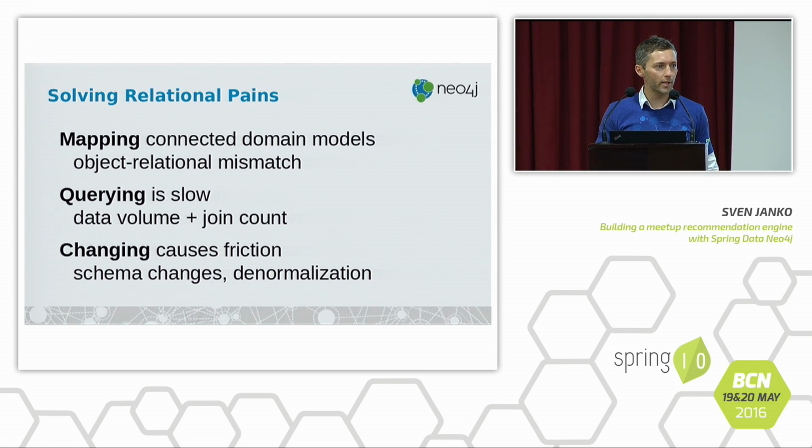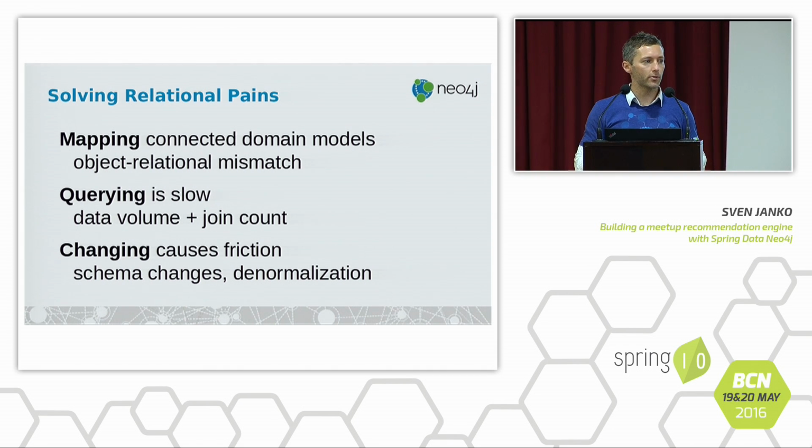You will come across that if you use objects in your domain and in your application and store them in a relational database. And at some point, if you have a lot of data that you store in your relational database and a lot of data that is connected, you will need to join several tables, and that's when your queries run slow. And that's when Neo4j or, in general, a graph database comes in, and that's where they are very fast.